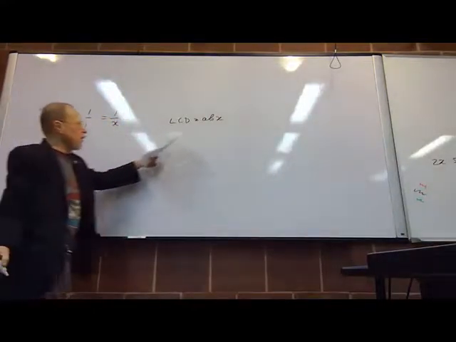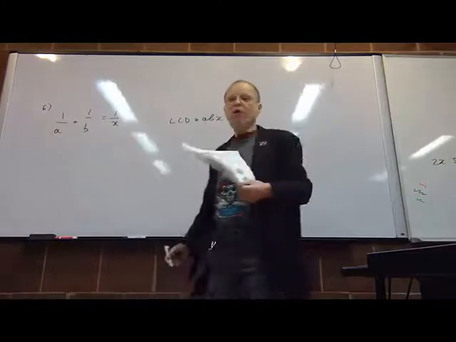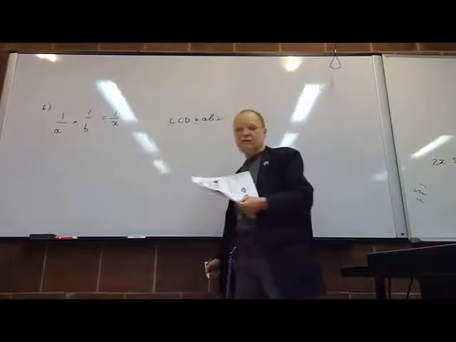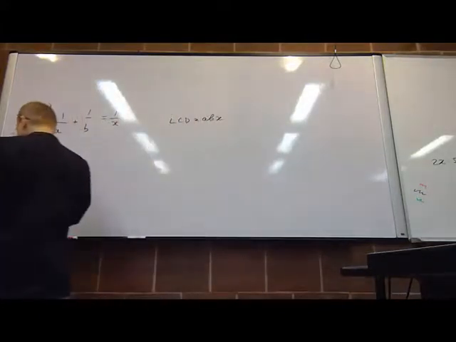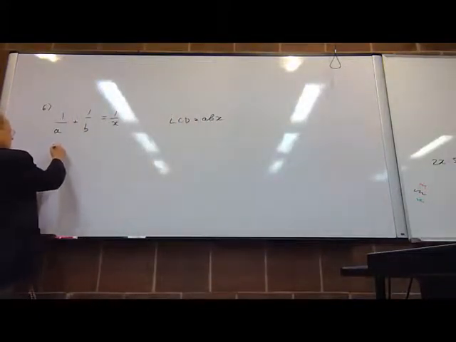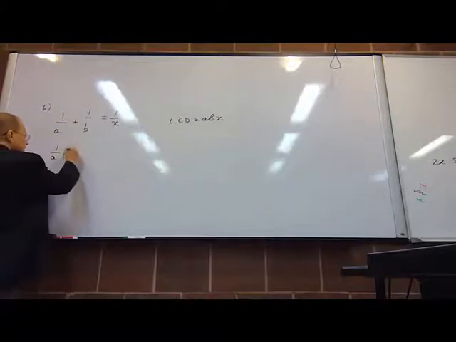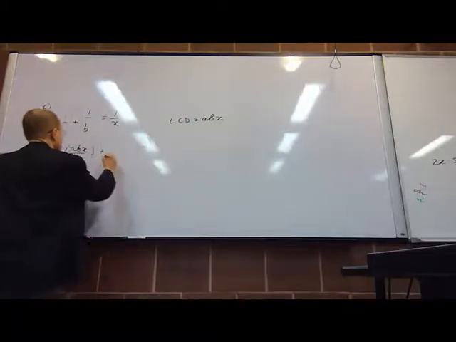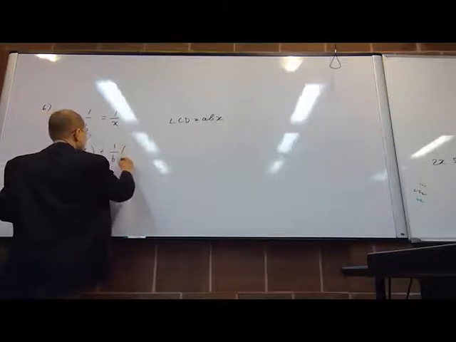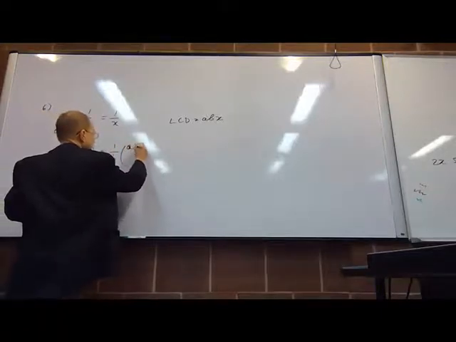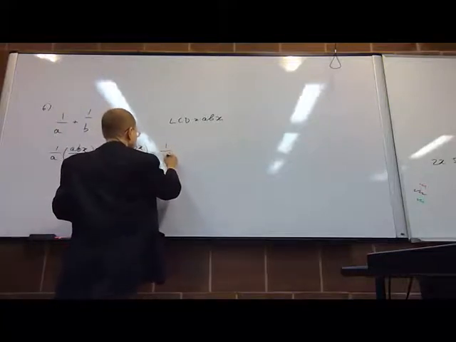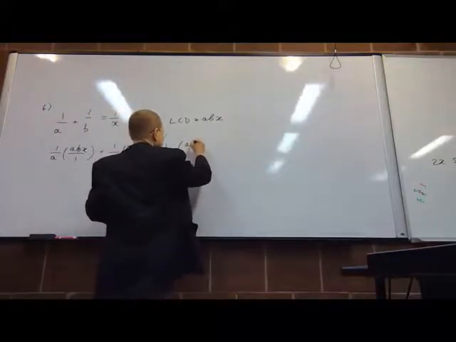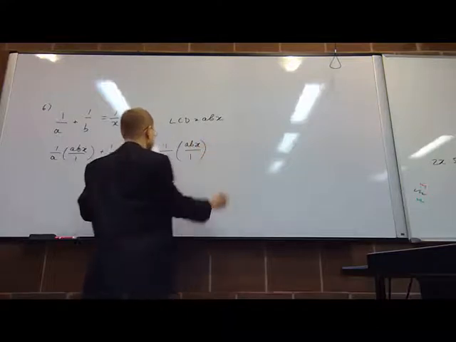So even though we have just letters here, we go through the same process as it would be for numbers. So in this case, we have 1 over a times abx over 1 plus 1 over b times abx over 1 is equal to 1 over x times abx over 1.